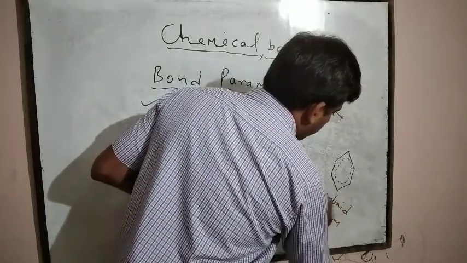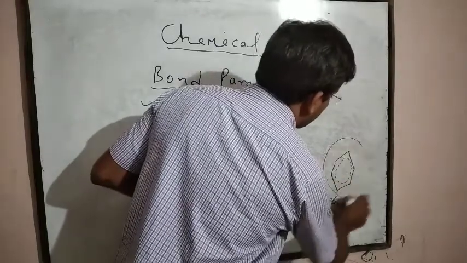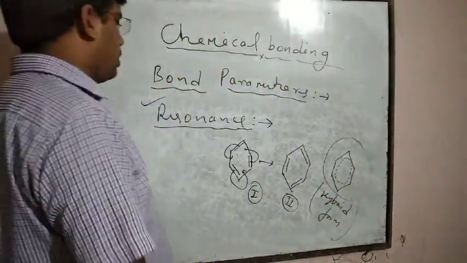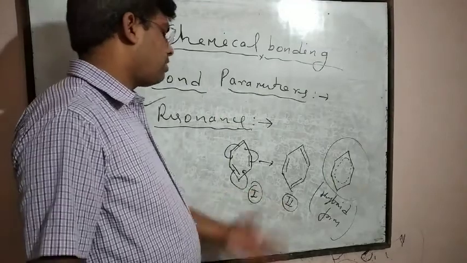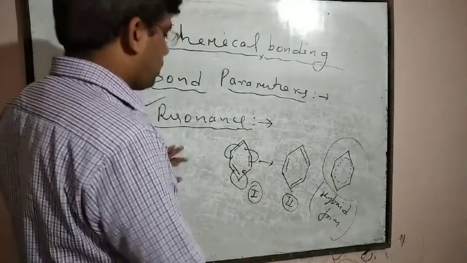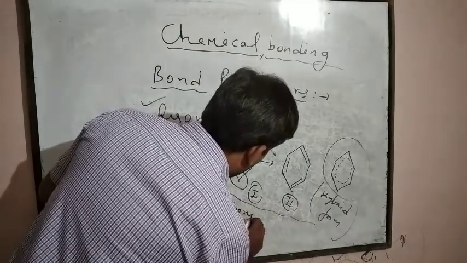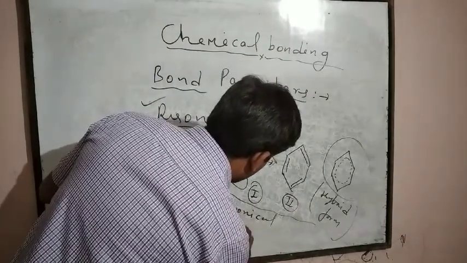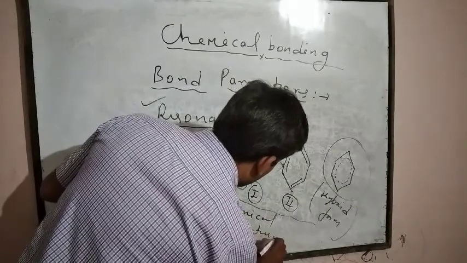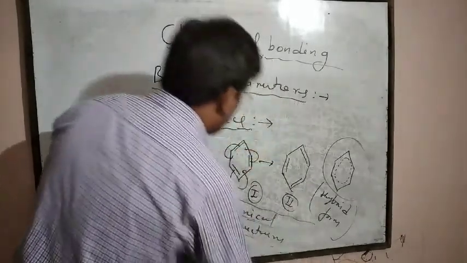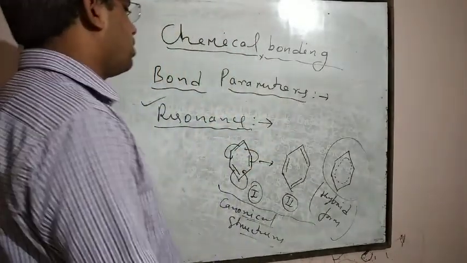This structure is the hybrid form. This one is the first canonical structure and this one is the second canonical structure. These resonating structures are canonical structures.